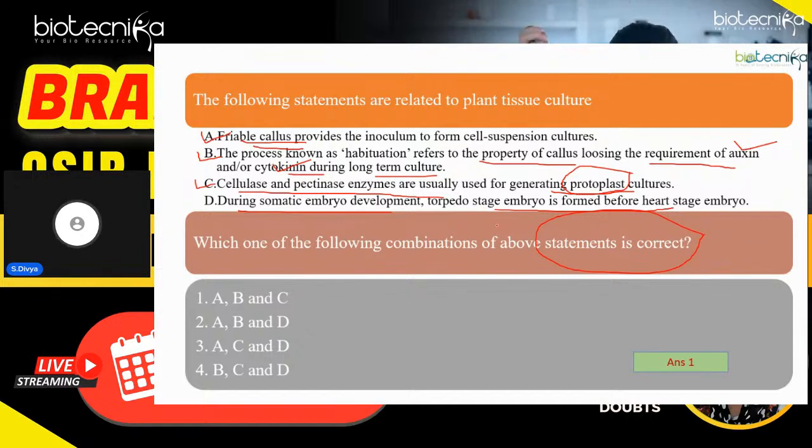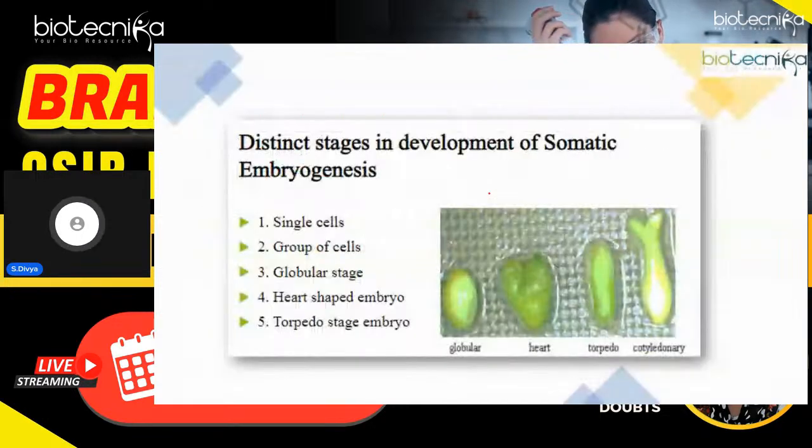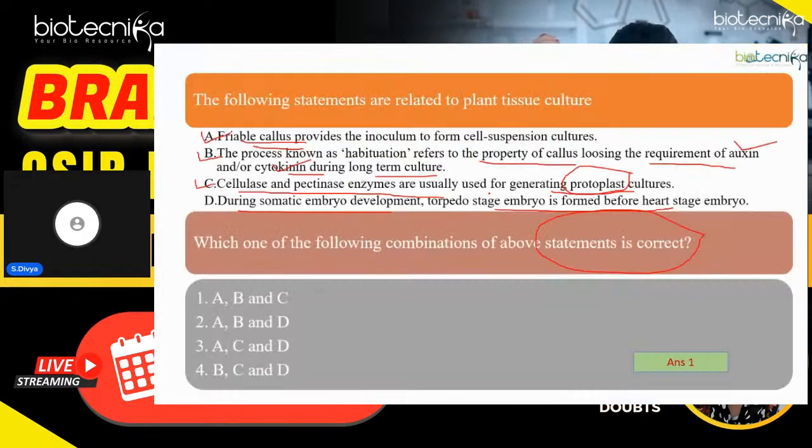And why is statement D incorrect? Let's have a look at that. So you have distinct stages of development when it comes to somatic embryogenesis. So what was statement D? During somatic embryo development, torpedo stage embryo will be formed before the heart stage embryo.